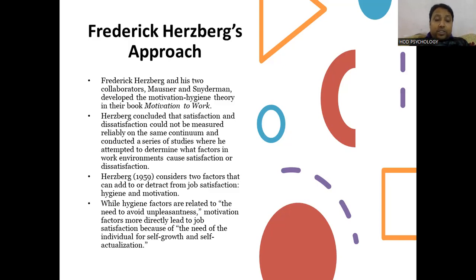So these two separate continua of job satisfaction and job dissatisfaction support the possibility that someone can be content with certain aspects of their jobs, but discontent with other aspects of their jobs. Perhaps more pessimistically, this also implies that simply eliminating dissatisfiers would not necessarily lead to job satisfaction as much as placation.